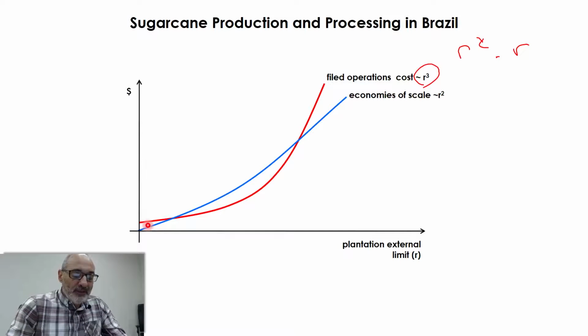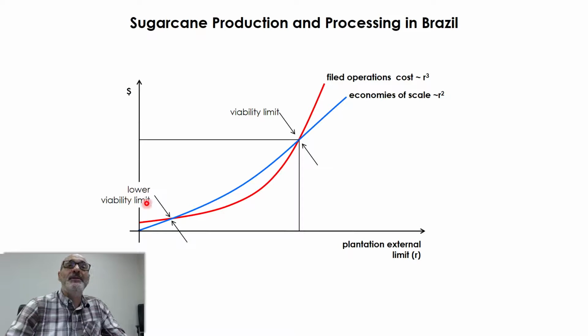So the behavior of these curves is more or less like this. It's not starting at 0 because you have fixed costs. And the behavior is this. So this shows you that you have viability limits, a lower viability limit and a higher viability limit.